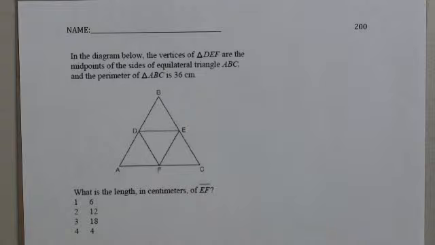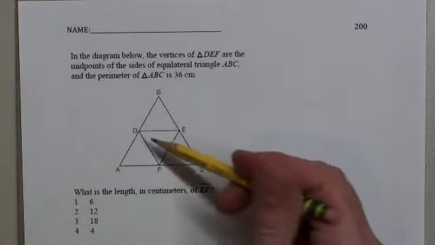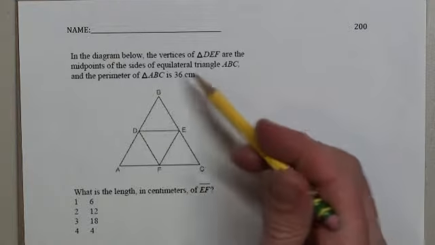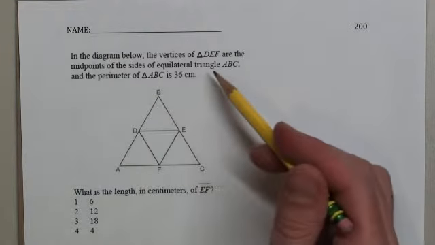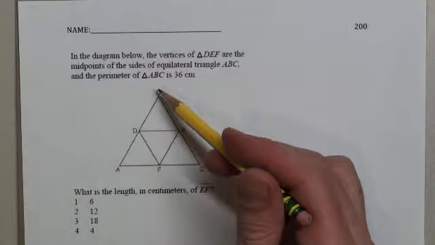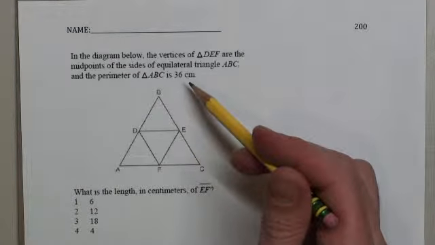In the diagram below, the vertices of triangle DEF, here's DEF, this little mid-segment triangle, are the midpoints of the sides of equilateral triangle ABC. And the perimeter of triangle ABC is 36.